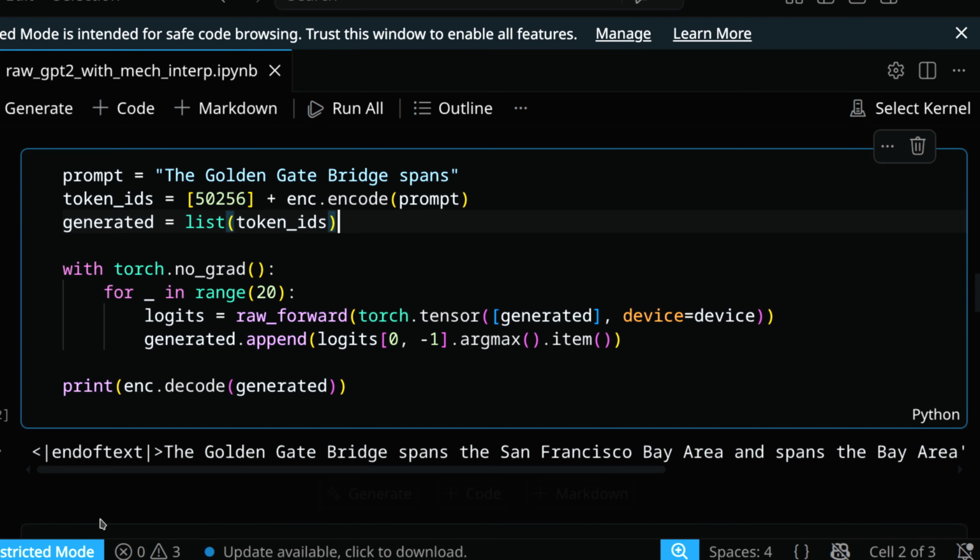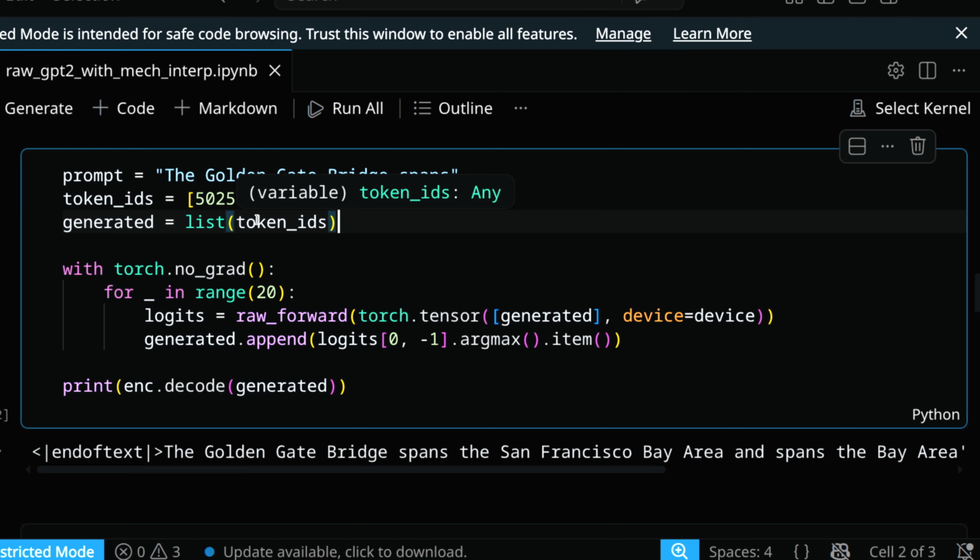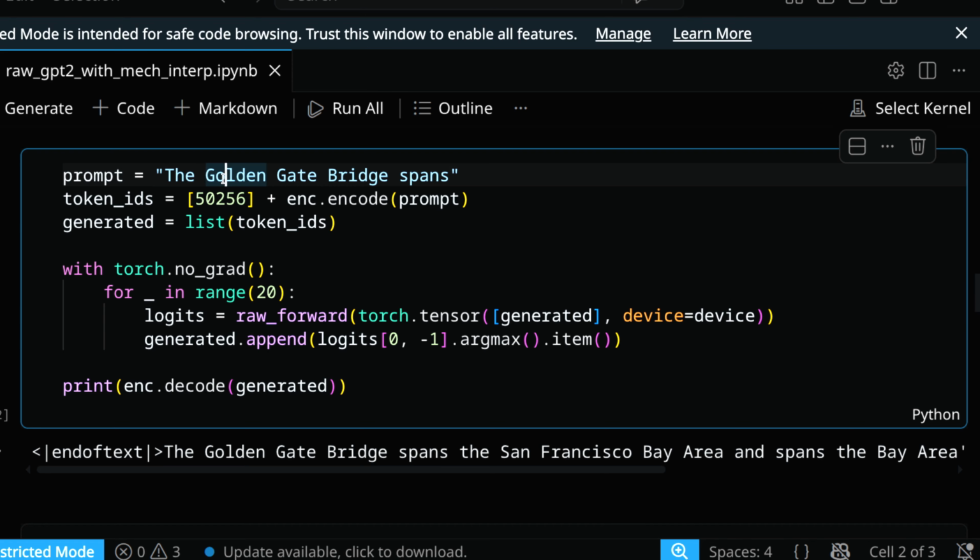So what the attention mechanism does right here, it will go to where it says The Golden Gate Bridge. It'll say, for example, the word golden, it'll look at itself and the word before it and be like, how is the word before me representing what I am?